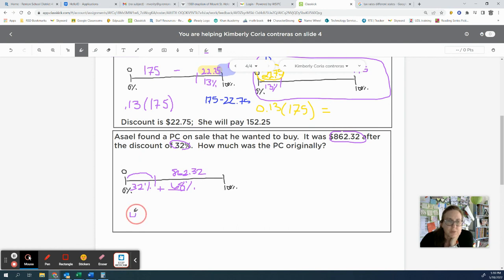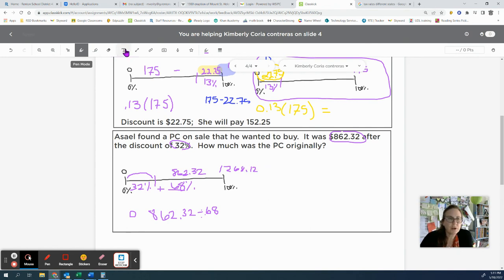So let me try it again. $862.32 divided by 0.68. When I do that on a calculator, 862.32 divided by 0.68 equals, that's more like it, $1,268.12.